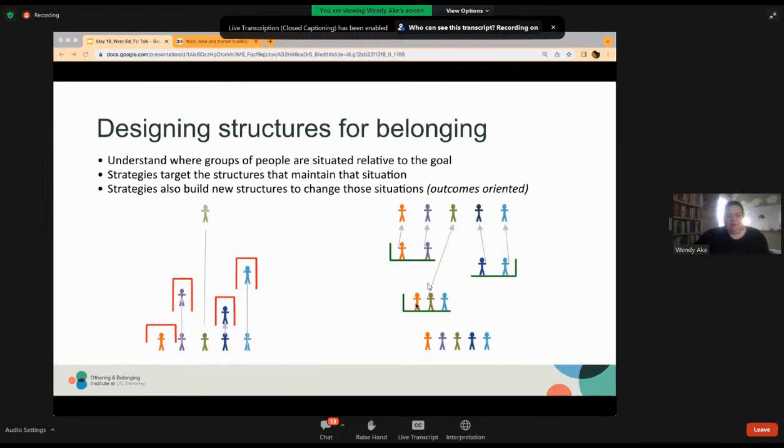This is one of the visual metaphors we use to talk about targeted universalism. That top line of people is where we would like the goal to be, what we would like to see as outcomes and experiences of belonging. On the left, of course, structural barriers, systemic barriers.